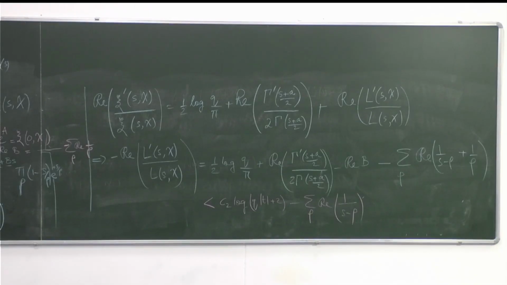Now, what do you know? What do I have? I have the 2 possibilities. Either the chi is primitive or it is not. If it is primitive, then what happens? Then the sum of the real part of 1 upon S minus rho is always positive.